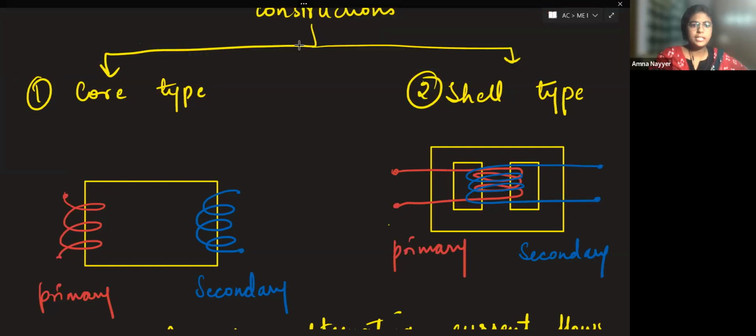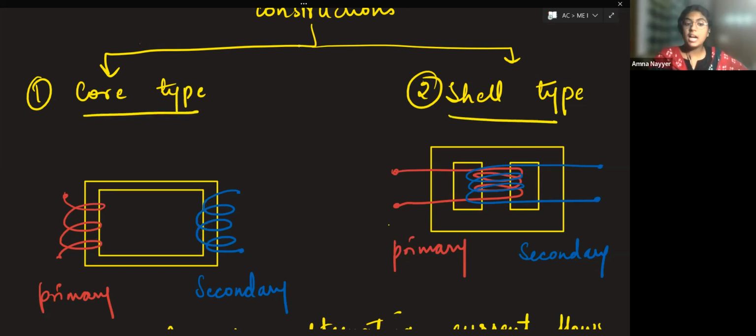This is core type. And if they are joined, the primary and secondary wires are overlapped, then we say this is known as the shell type transformer.